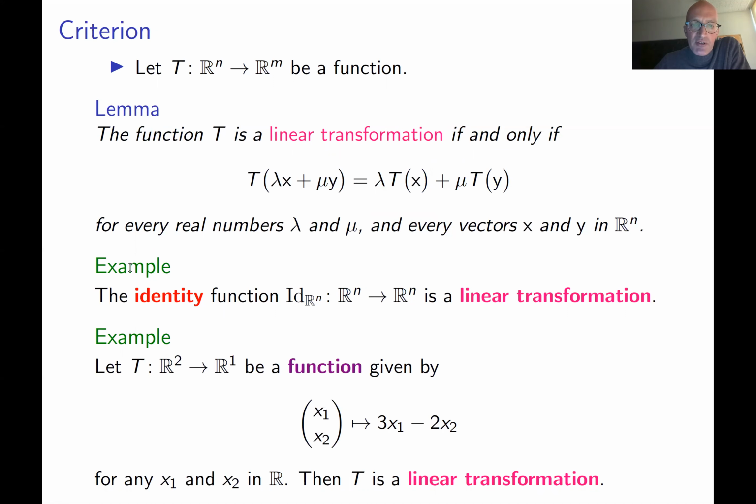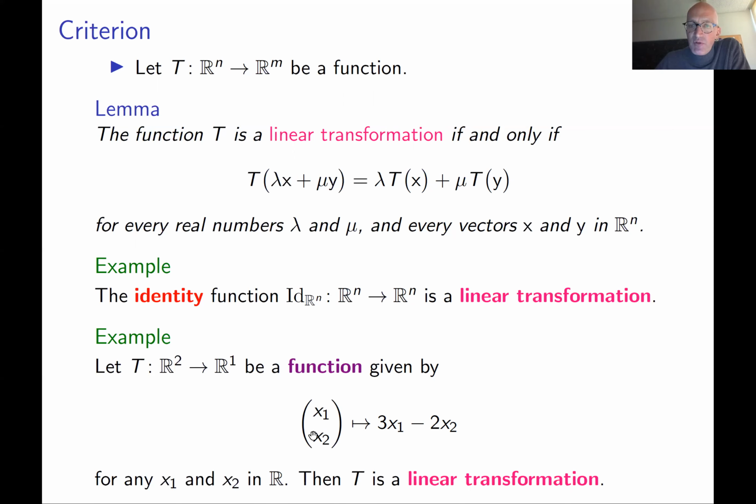And here's another example, very similar to what we considered on the second slide. You have a function from the plane to a line given by this formula. Vector x1, x2 is mapped to the number 3x1 minus 2x2. It is a linear transformation. Either you can apply this lemma: you take the vector lambda x plus mu y, substitute here, get the formula in terms of the coordinates of x and y, then play around with this and check that this is lambda T of x plus mu T of y.